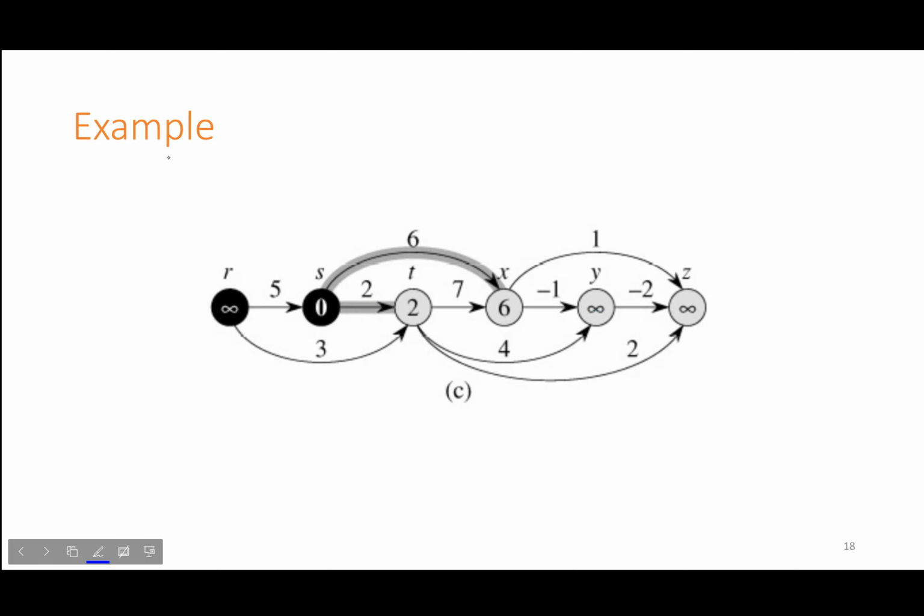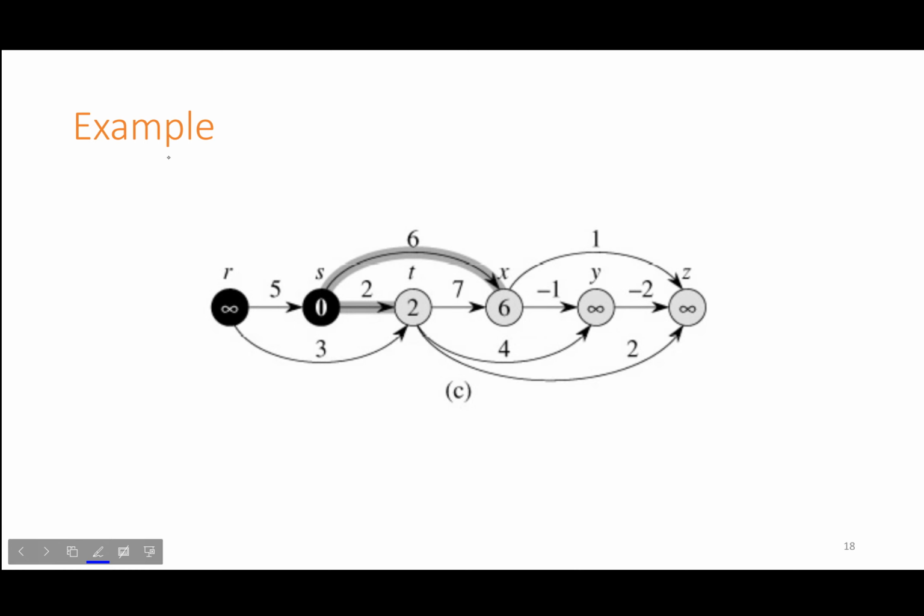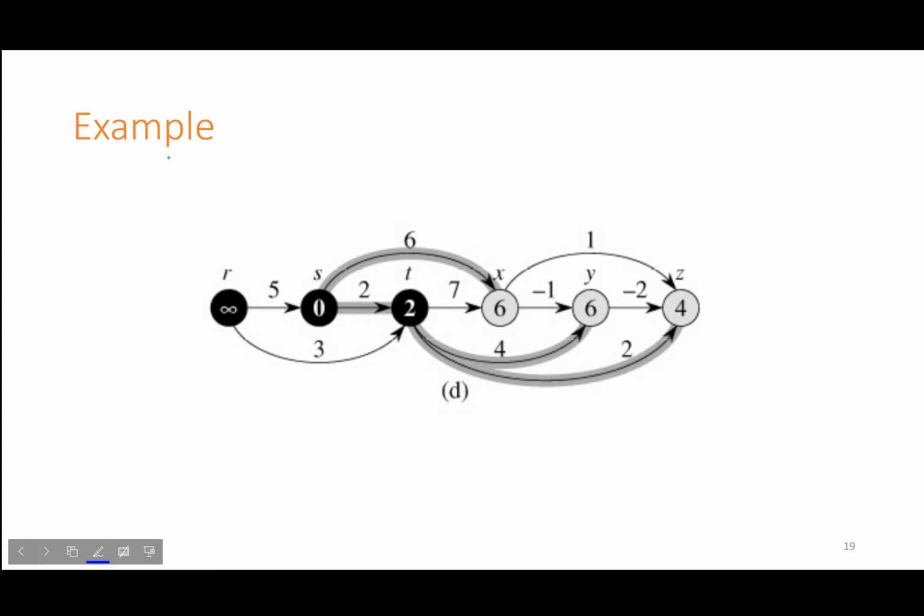You got a 2, and then you continue as fast as you can. You also take this edge from S and relax it to be 6. You check all the adjacent edges, right? And then after that, you access this vertex, and then you change the Y and Z adjacent vertices, and relax them to be 6 and 4 through these two edges.